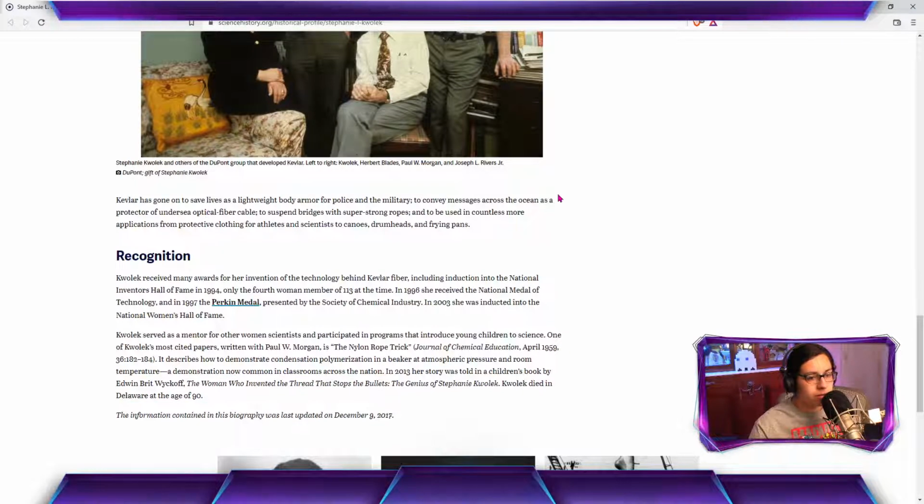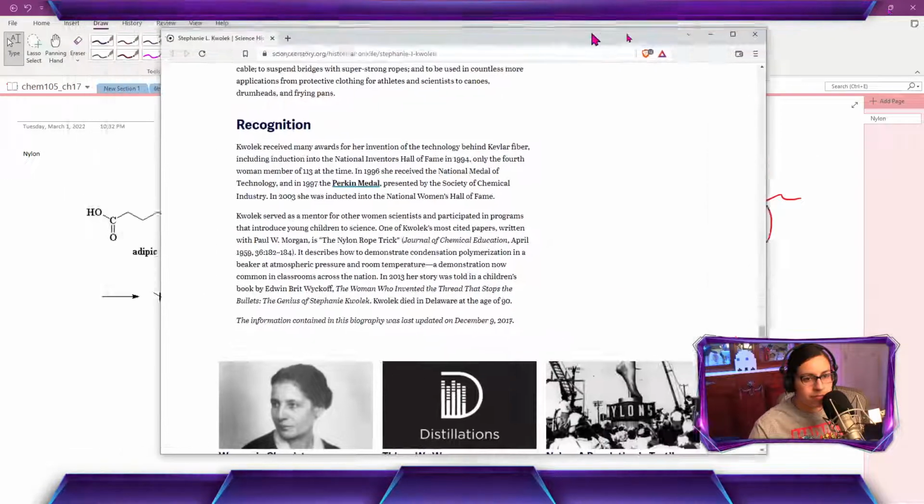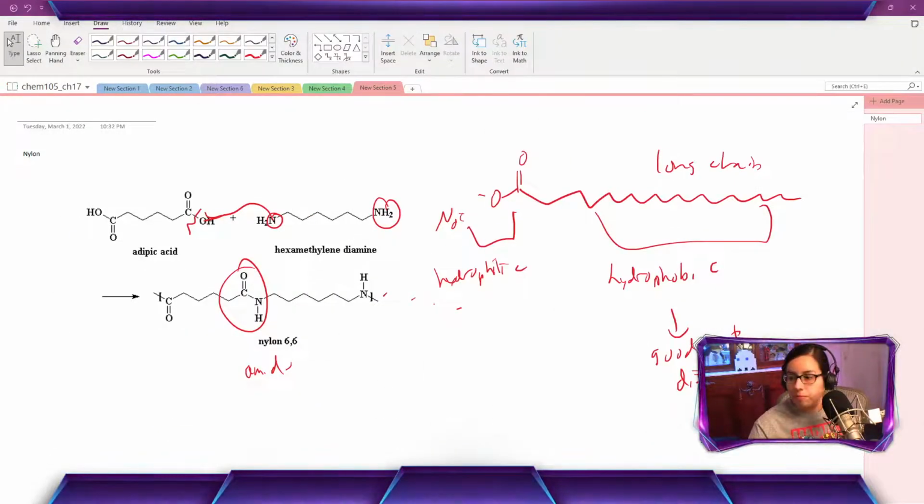And of course, they've gone on to use Kevlar in all sorts of projects. And so the double-edged sword with that is, we make these great polymers and they have really strong chains, but the flip side of that is they're hard to degrade and they can stick around in the environment like plastics.